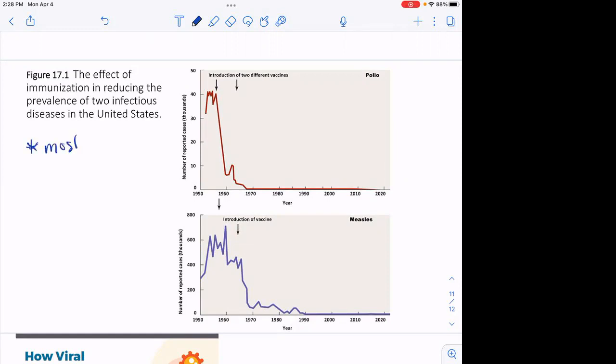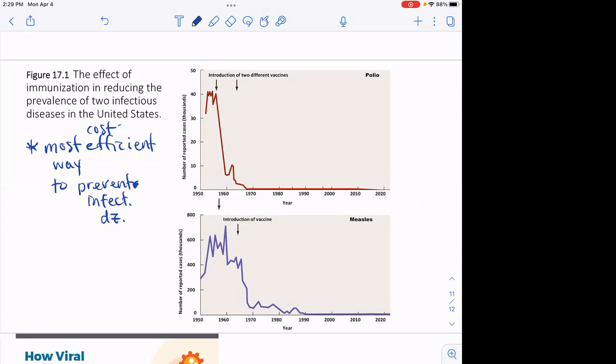Really, they're considered the most cost efficient way to prevent infectious disease. You really can't argue with that when you look at data of certain infectious diseases. So in this case, polio.